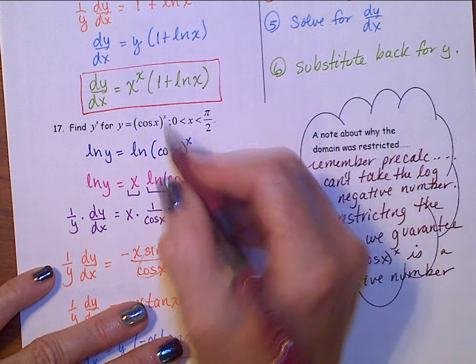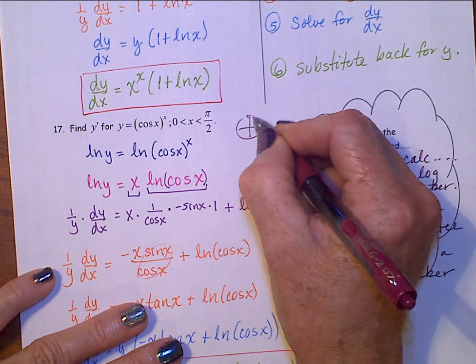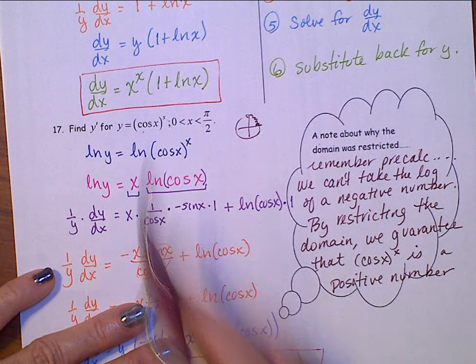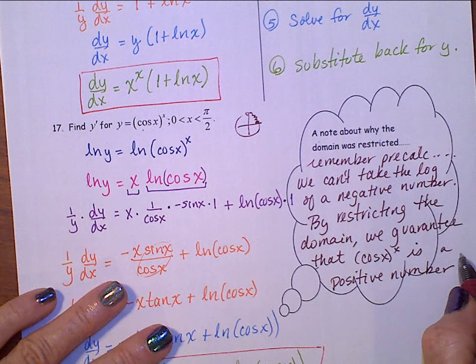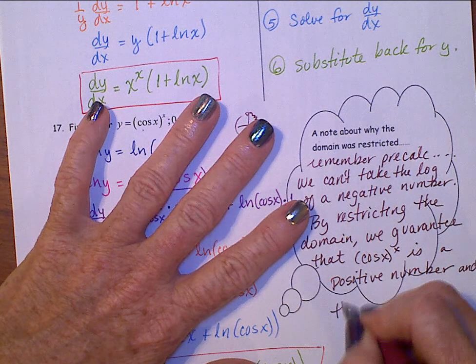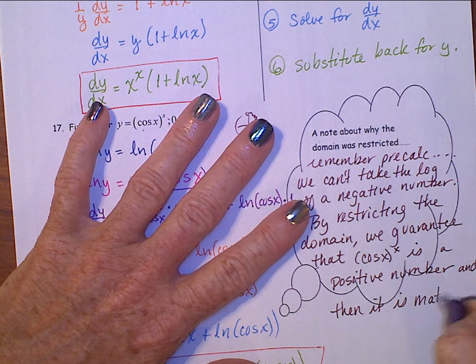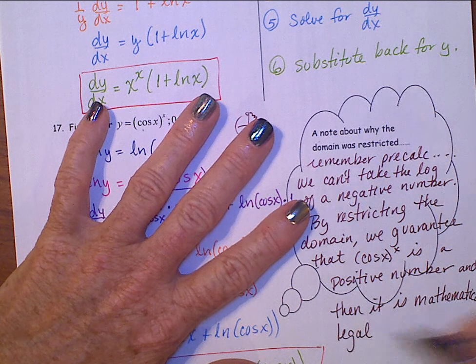And if you think for x between 0 and pi over 2, right in here, cosine's positive. So we have a positive number to a positive number, that quantity is positive. So we guarantee that cosine x to the x is a positive number, and then it is mathematically legal to take the natural log of both sides.